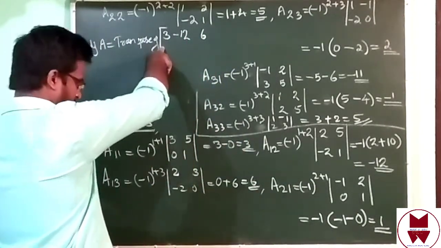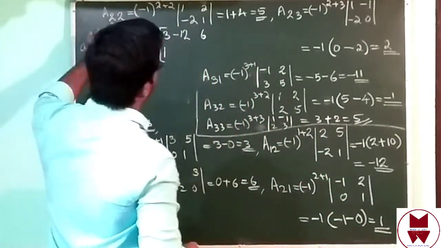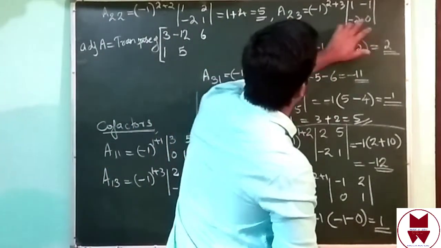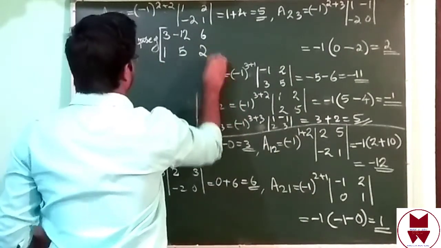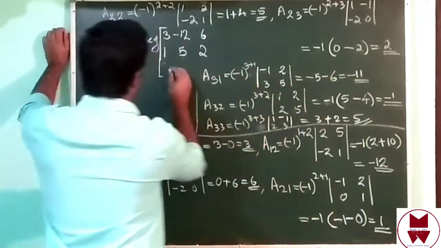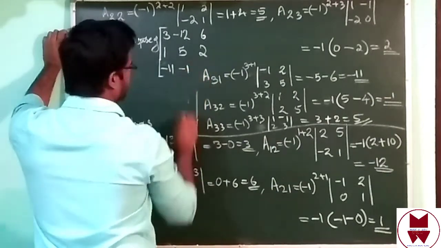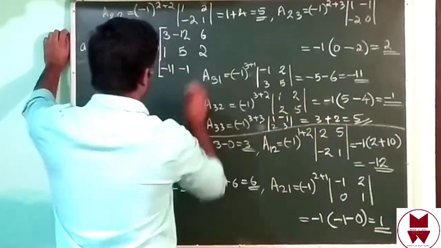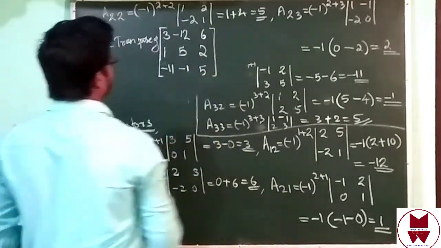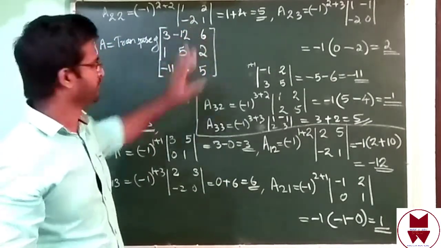Then in the second row, A21, 1. Then A22 is 5. A23 we got 2. A31, minus 11. Then A32, minus 1. Then A33, 5. Just write what are the cofactors. You got it as a matrix.